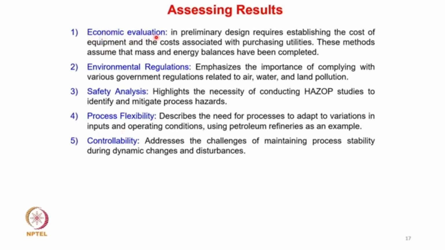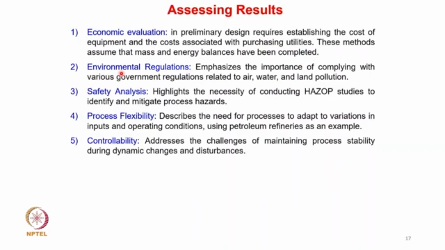So in the economic evaluation, a preliminary design requires establishing the cost of the equipment and the cost associated with purchasing the utilities. These methods assume that mass and energy balances have been completed, and once this is done, then we are going to select a particular preliminary design which is giving the lowest cost.